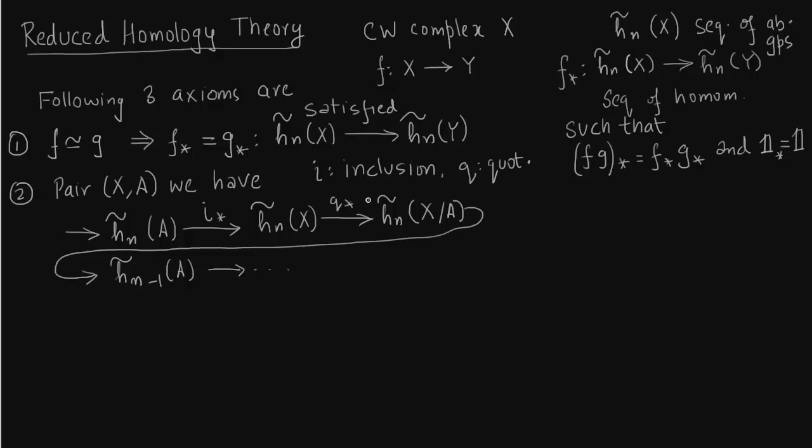So now we should talk about the naturality condition. This is also part of axiom number 2. Obviously we have talked about the long exact sequence. We should also talk about the relationship between long exact sequences, which could be induced by a map F between good pairs.